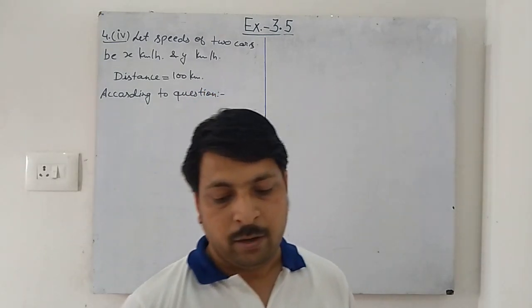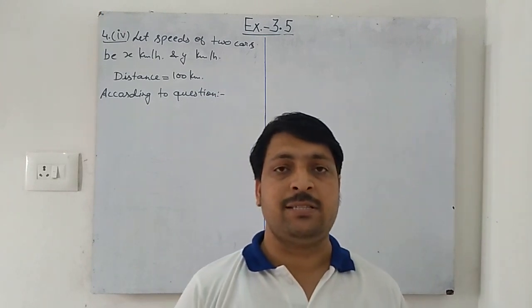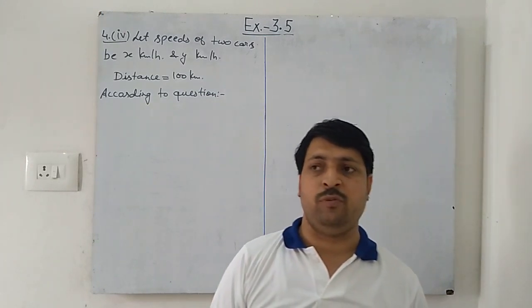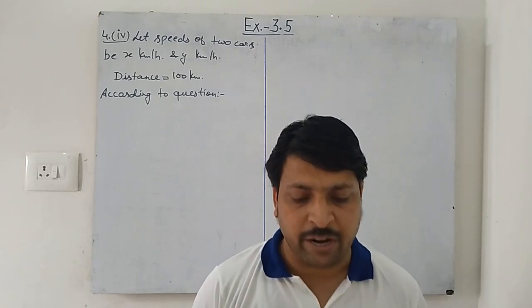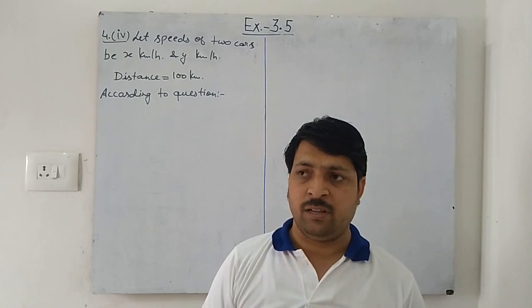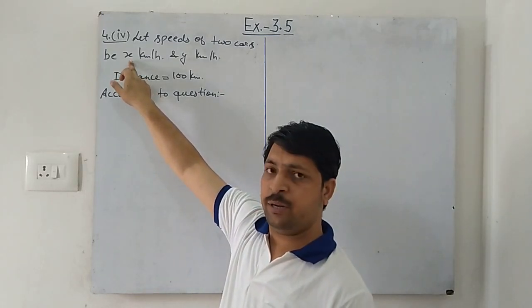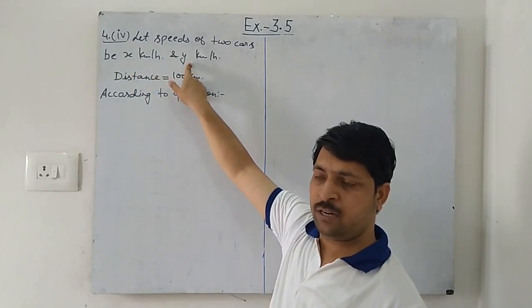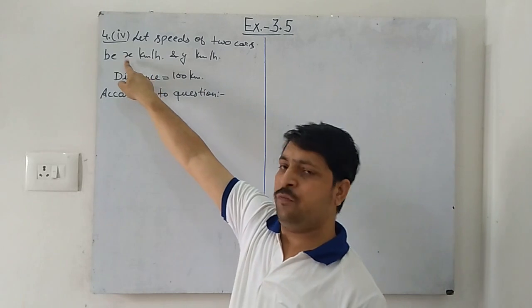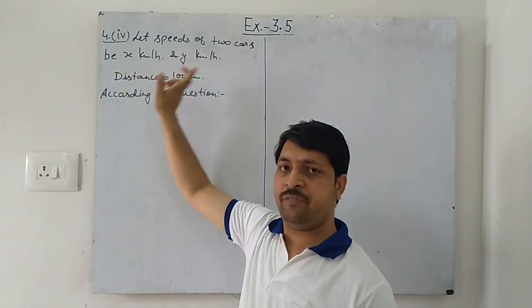Now listen students, according to question, if both cars travel in the same direction, so what will be the concept? Speed of first car is x km per hour, speed of second car is y km per hour. Let speed of first car is greater than the other. Clear? x is greater than y.